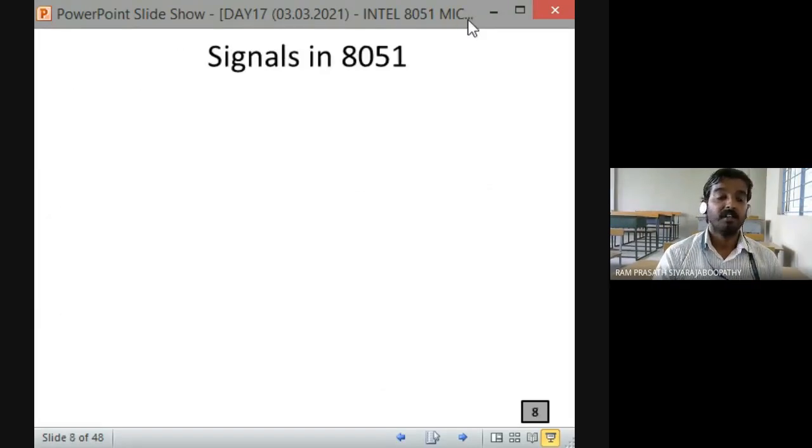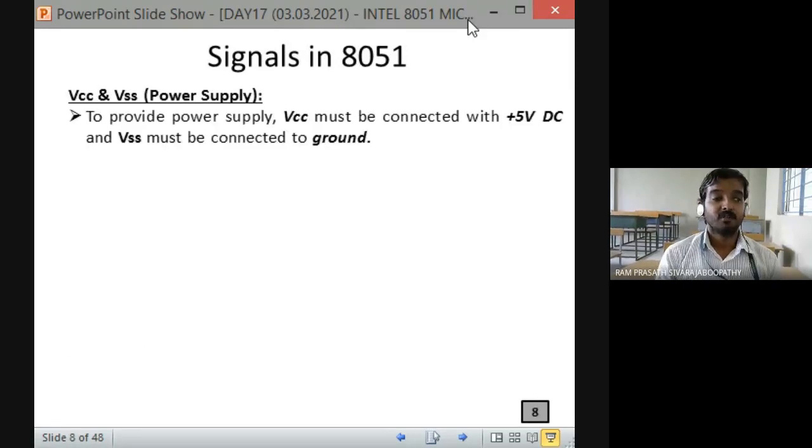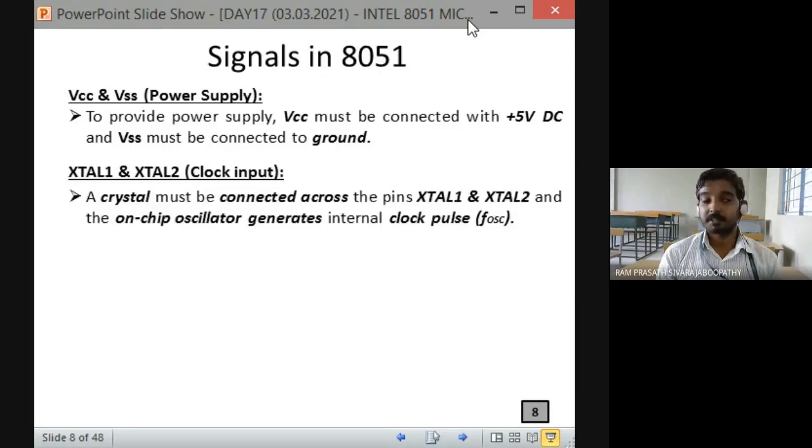Fine. Now we will go one by one signal. So VCC and VSS. To provide power supply, VCC must be connected to plus 5 volt DC power supply. Then VSS must be connected to ground. That's all. In that way, you can power up this 8051 microcontroller. To provide the clock input, a crystal must be connected across XTAL 1 and XTAL 2. The on-chip oscillator generates the internal clock pulse.